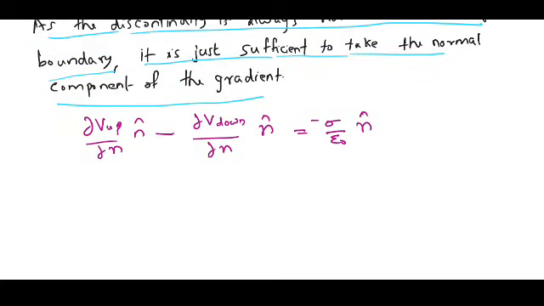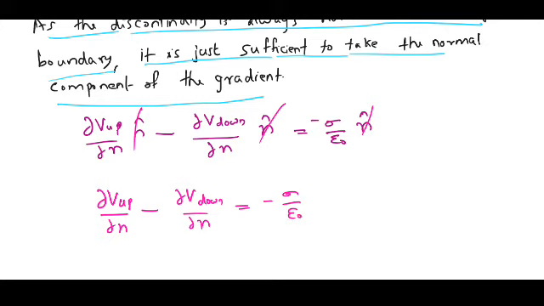Then this n cap cancels. You can write dou V up by dou n minus dou V down by dou n is equal to minus sigma divided by epsilon 0.